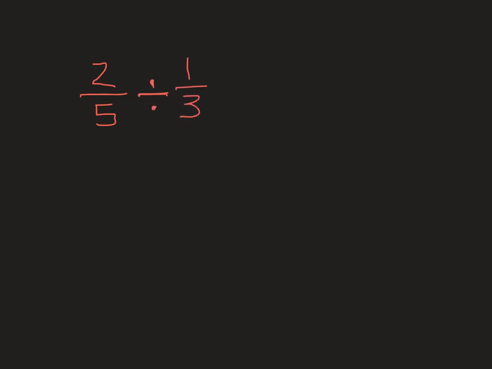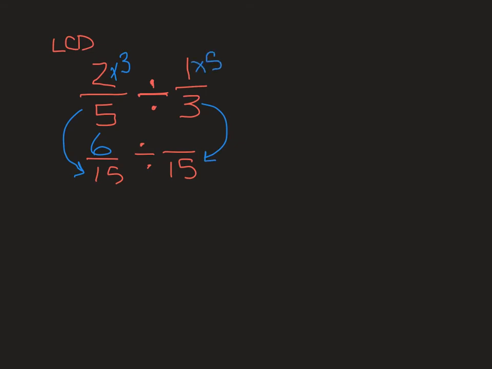Okay, my LCD is my lowest common multiple, which is 15. Still dividing, 15. I want to change into equivalent fractions. So to get from 5 to 15, I have to times by 3. So 2 times 3 is 6. And to get from 3 to 15, I have to multiply by 5. And 1 times 5 is 5.